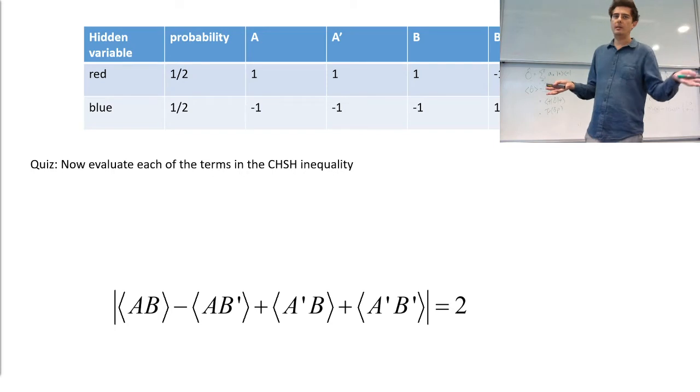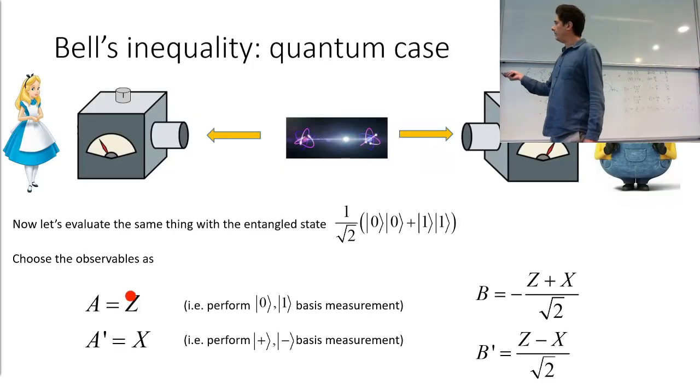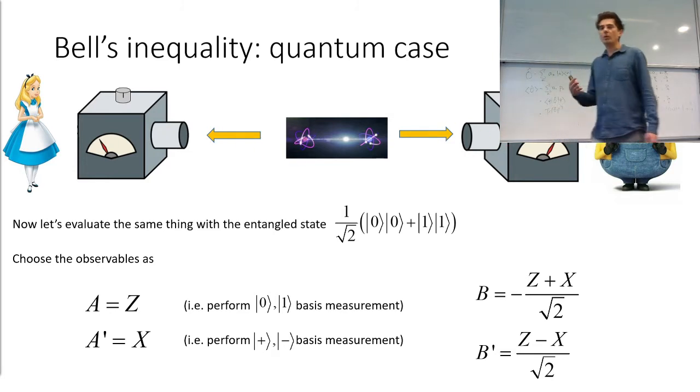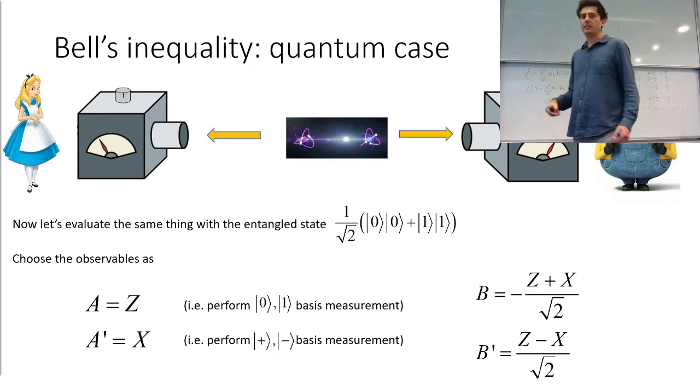Because A is at A and B is at B. But somehow, even though they perform their measurement locally, because of entanglement, it's not really actually local. So somehow measuring on Alice really does affect Bob somehow. And then there are more correlations in this quantum mechanical case than there are classically.